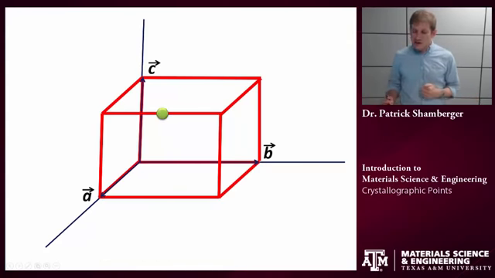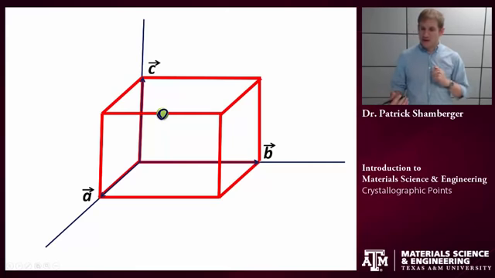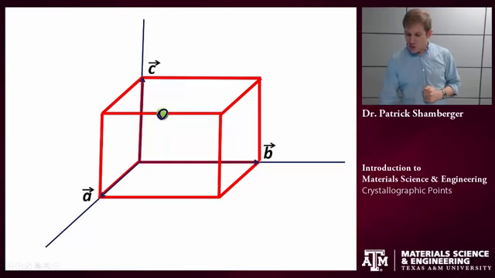Okay, let's try one more example. In this case, I'm just situating the atom on a clearly defined position in the unit cell. So it's all the way on the front top face and about halfway down left to right. So I would say that the magnitude of the direction of this atom in the A direction is 1.